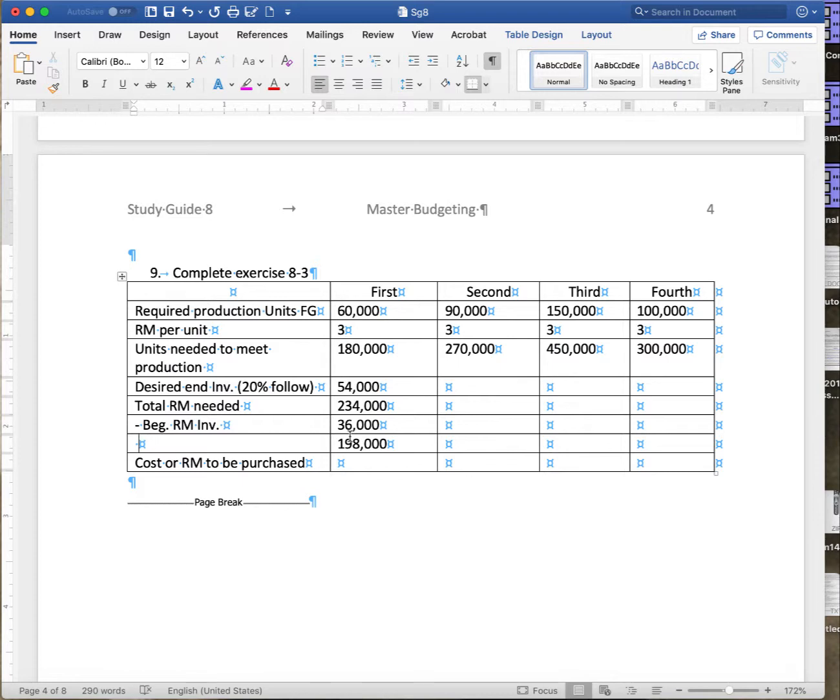This is the units needed to be purchased. And then where it says cost of raw materials to be purchased, let's get rid of that. And this is actually the unit cost. We know the unit cost is $1.50 per unit, and we can plug that in for the entire year.